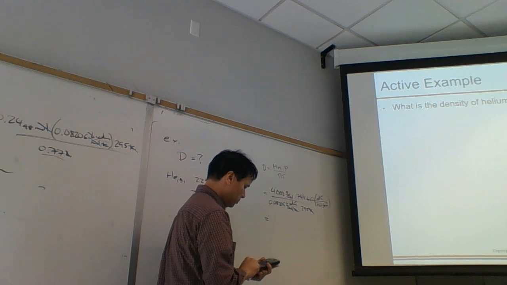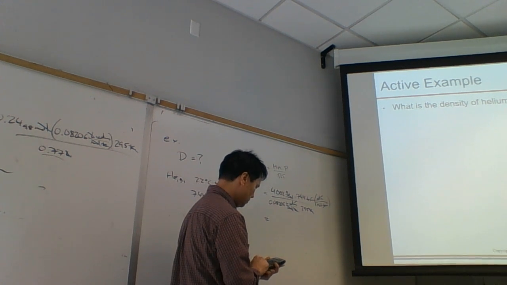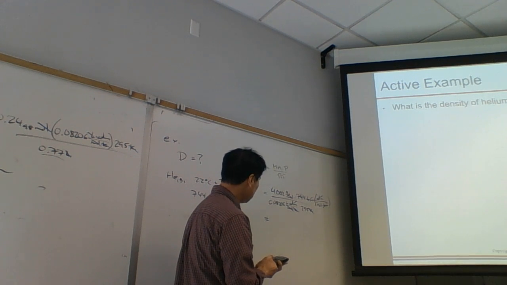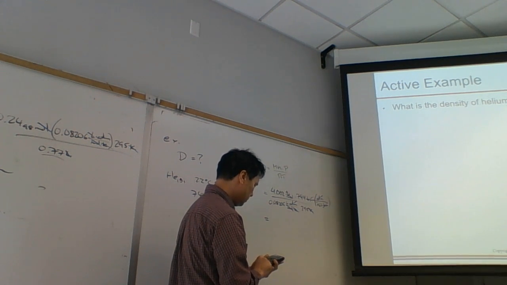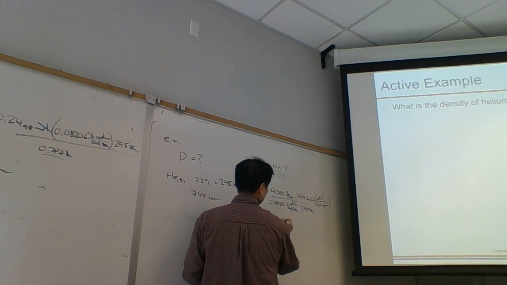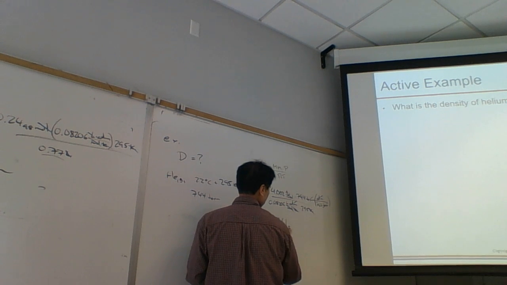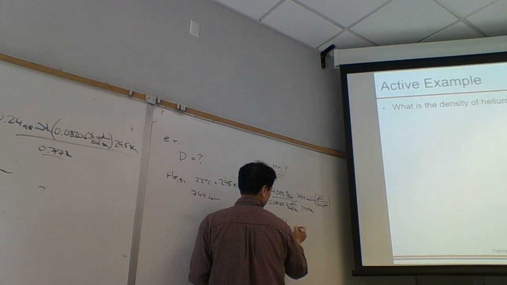Let's go ahead and do the calculation here. It's going to be 4.002 times 744 divided by 760, divided by 0.08206, divided by 295. That gives 0.1618. It looks like 3 sig figs are allowed, so I'll just take one extra. 0.1618 grams per liter.